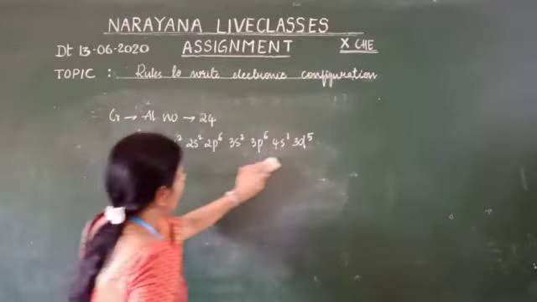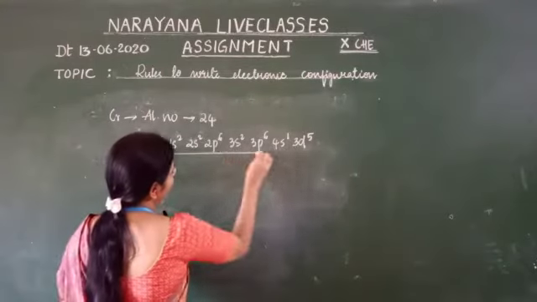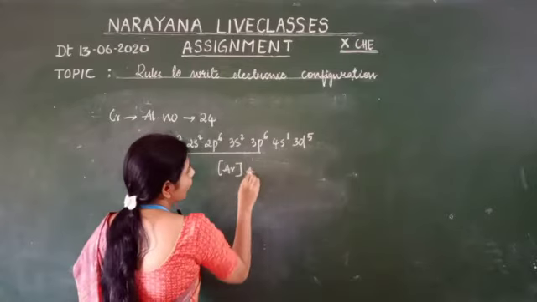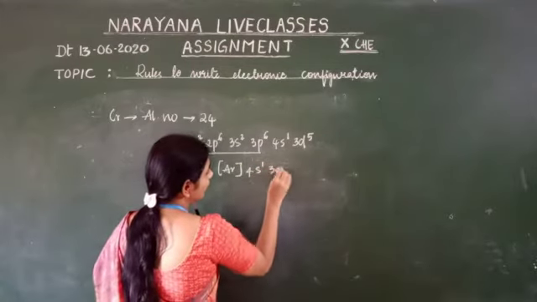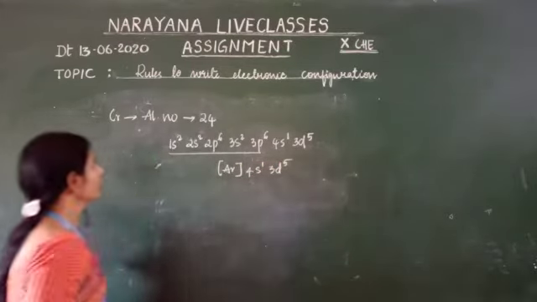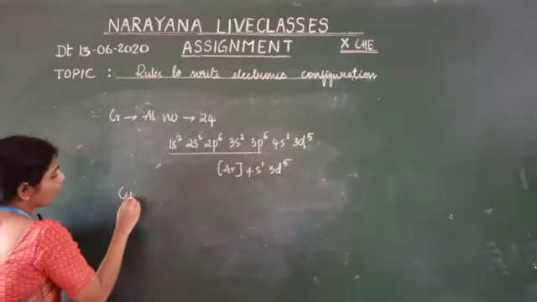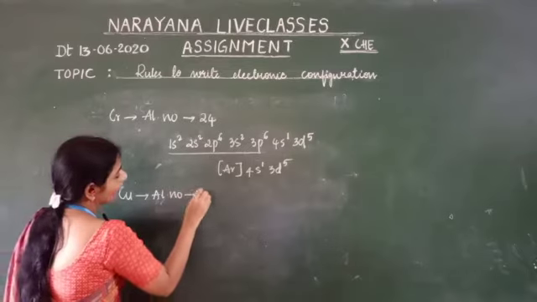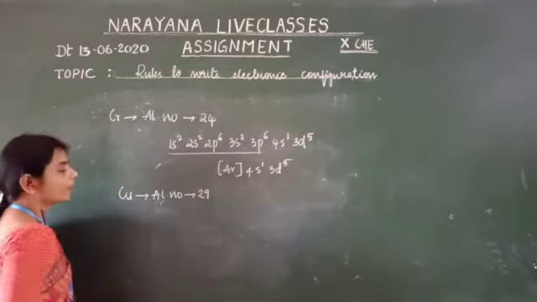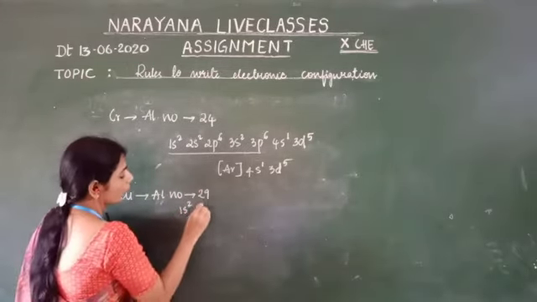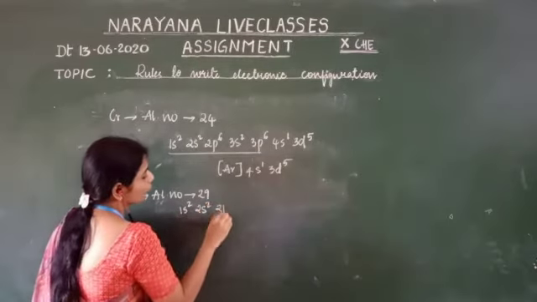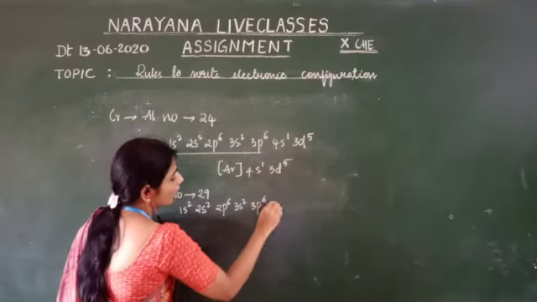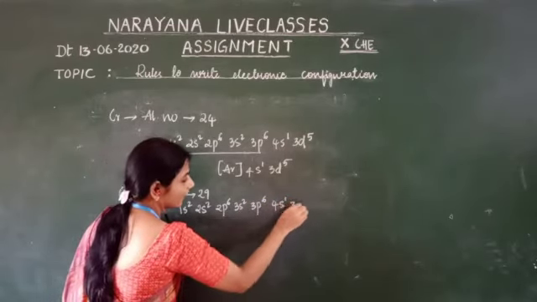So to attain the stable electronic configuration, chromium and copper will violate the Aufbau rule. Till here it is the argon configuration, so I can write 4s1, 3d5. Now coming to copper. The atomic number of copper is 29. Writing in the same manner, 1s2, 2s2, 2p6, 3s2, 3p6, 4s1, 3d10.